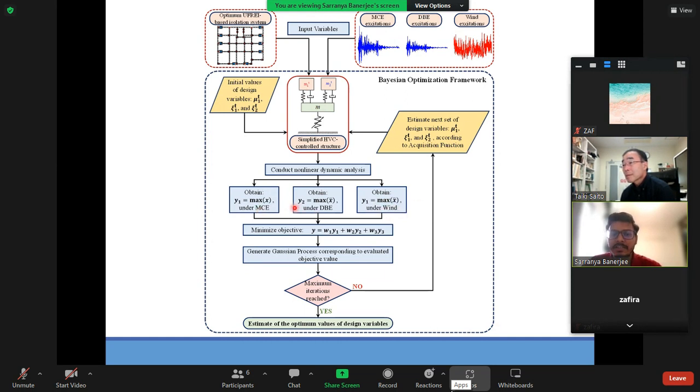So these are the 3 objectives, and we minimize the final objective with this weight function w1y1 plus w2y2 plus w3y3, where w1, w2, w3 correspond to the frequencies of occurrence. Then a Gaussian process is created evaluating this objective, and if the maximum iteration is reached, then we estimate the optimum values. Otherwise, we go on to estimate the next set of design variables using the acquisition function. This is the basic Bayesian optimization framework that I have used in the MATLAB program.